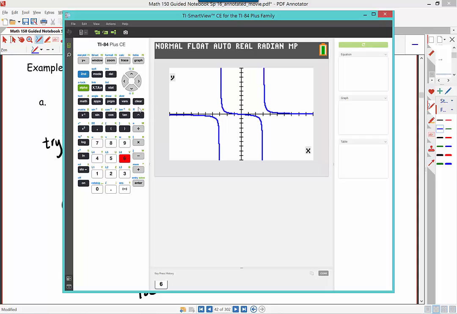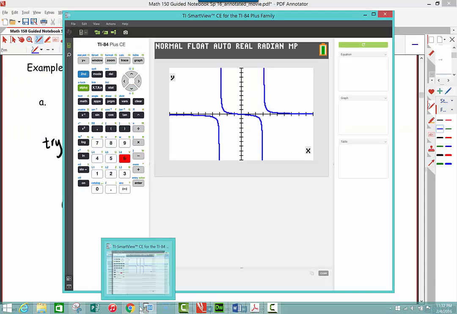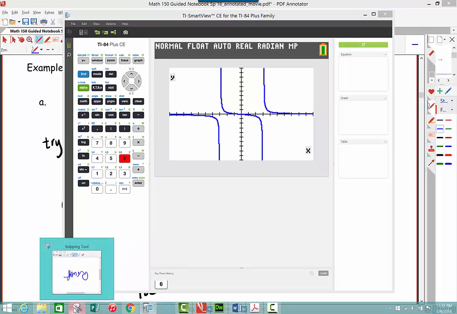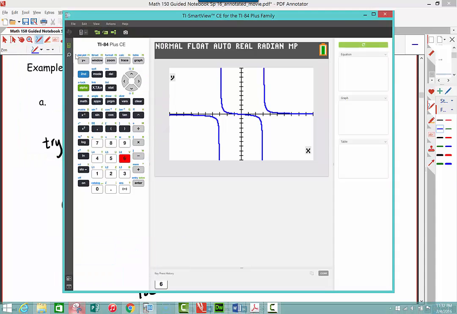And actually, yeah, we're good here. So let me go ahead and copy this graph. Oops.